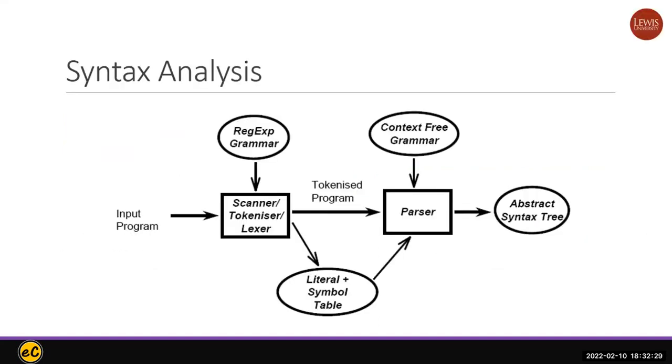You can use Yacc and Lex to generate it, using a regular grammar and context-free grammar to generate the scanner or lexer, and also the parser, and also the symbol table. This is the optimal goal, but today we will focus more on the systematic way to design a scanner.